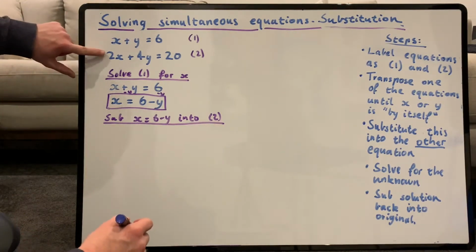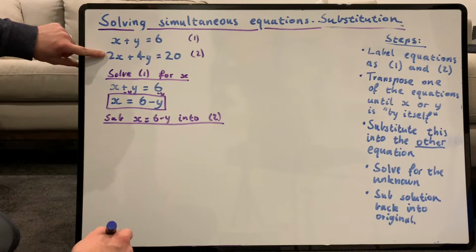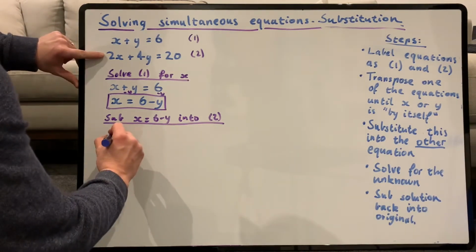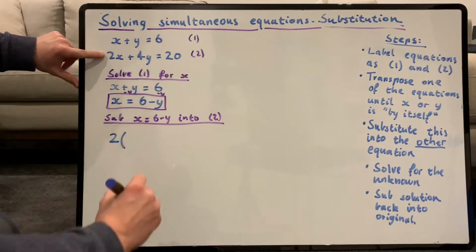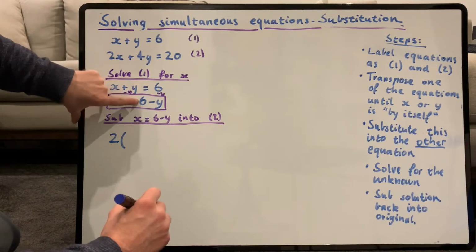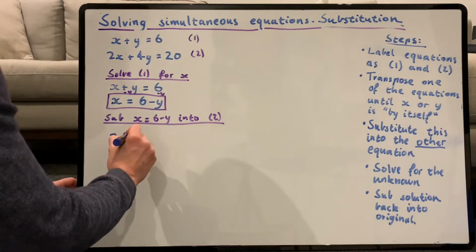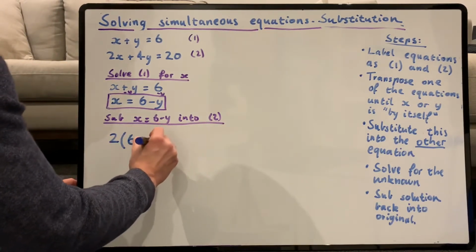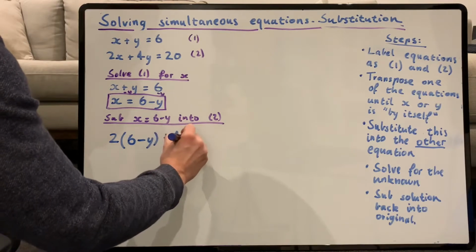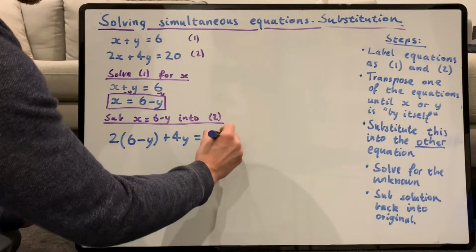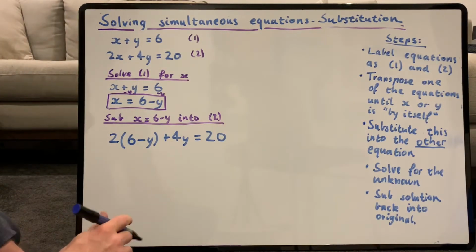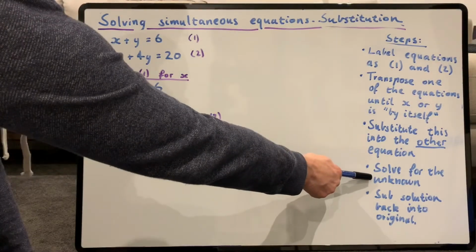So 2 is 2x plus 4y equals 20. So now it's going to be 2, but instead of x, we're going to write 6 minus y, because that's what we found x to be. Plus 4y equals 20. Nice.